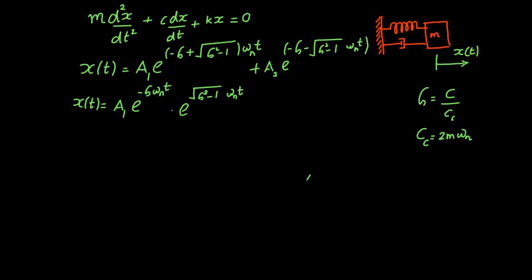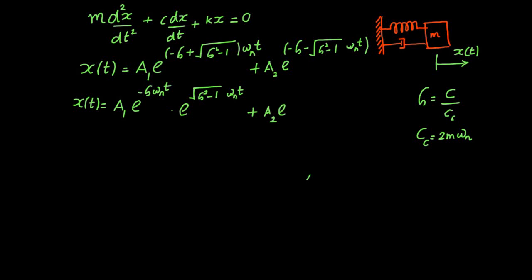So e power a plus b can be written as e power a into e power b. Okay. The same trick here, plus a2 into, this is of the form e power a minus b.